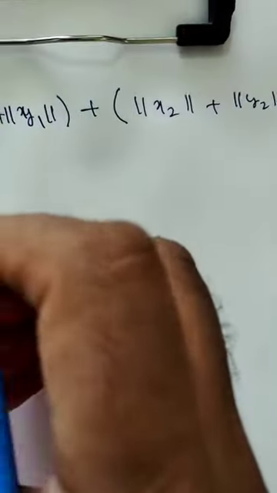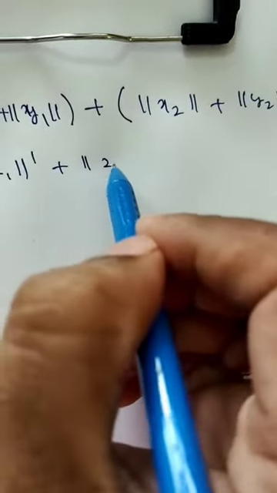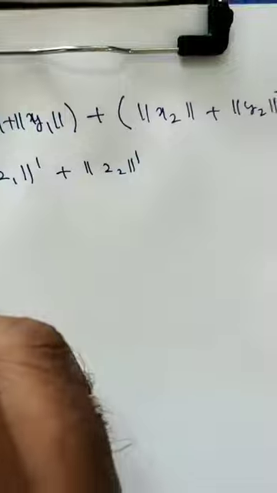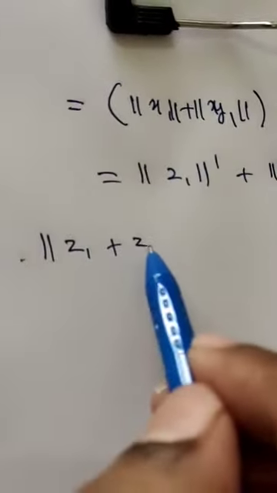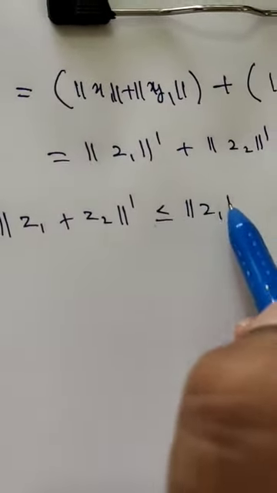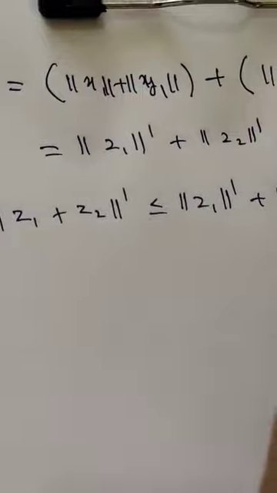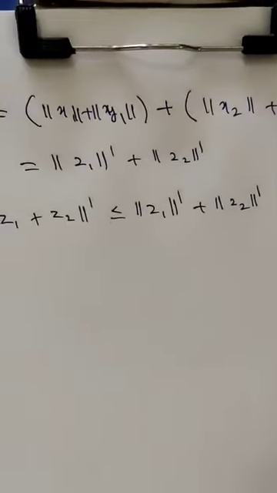So this is equal to the norm of z1' plus the norm of z2'. Therefore the norm of z1 plus z2 ' is less than or equal to the norm of z1' plus the norm of z2'. So this is the third condition of a norm.